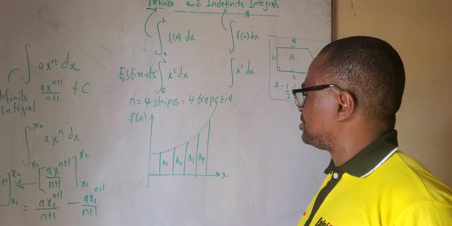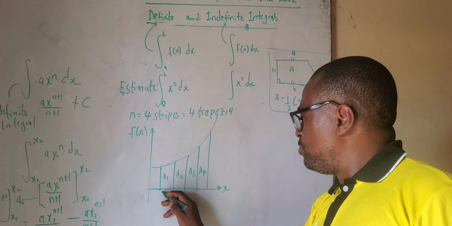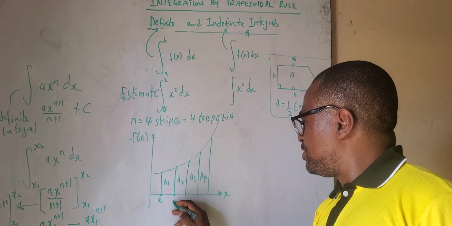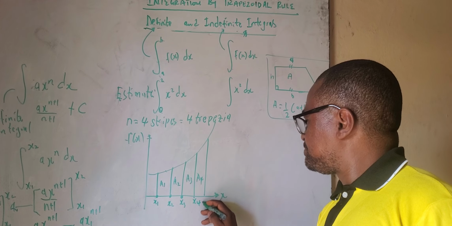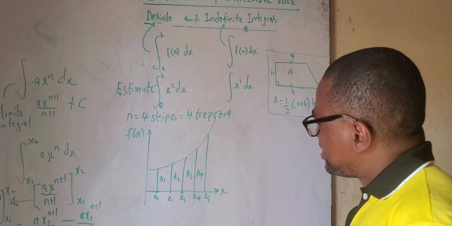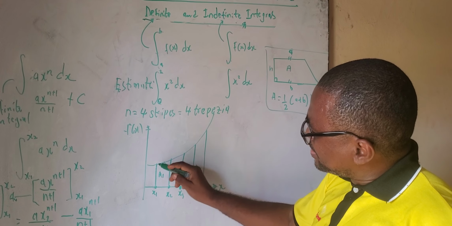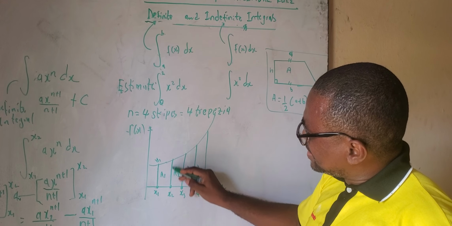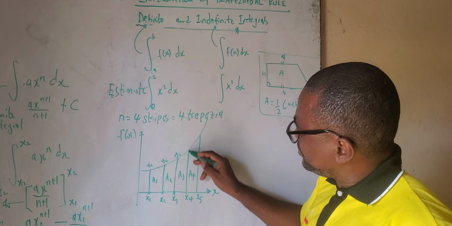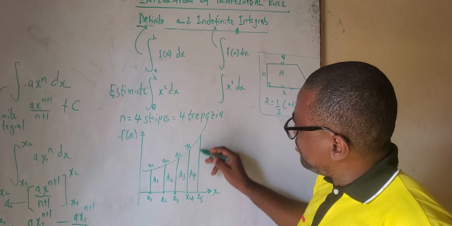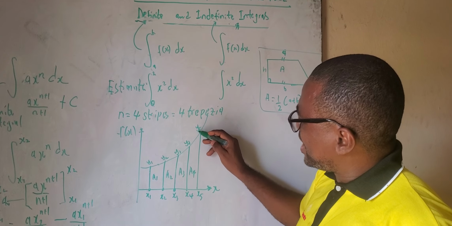So here will be your x1, this will be your x2, this will be your x3, x4, x5. And this vertical line will be your y1, this vertical line will be your y2, this y3, this y4, and this vertical line will be your y5.